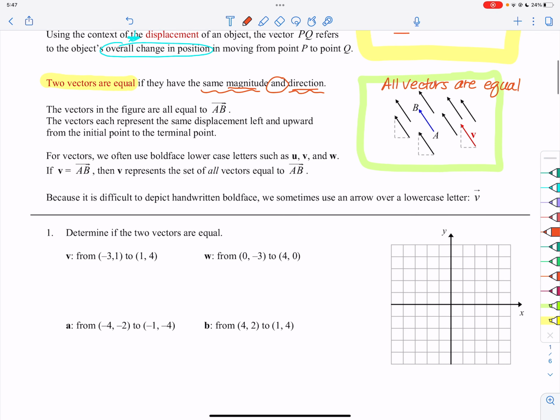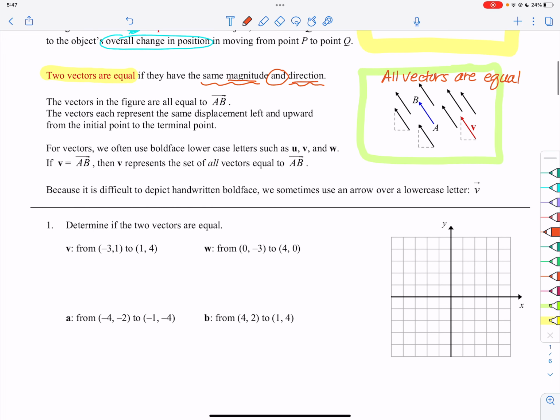Okay, for vectors, we often use boldface lowercase letters. And you can see some examples here. We might use U, V, and W. So if, for example, V is equal to vector AB, V represents the set of all vectors that are equal to vector AB. So it's really, really important. It's just not that single one.